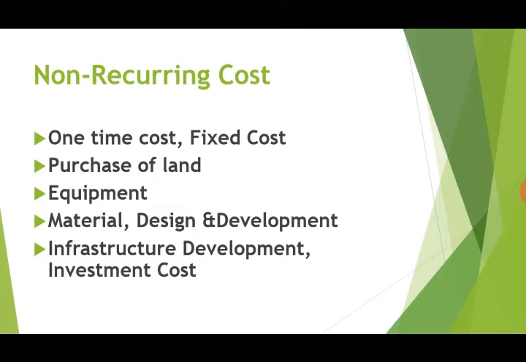The design and development of the organizational infrastructure, organizational buildings, organizational line of business is also a one-time cost you have to pay. This is not a routine cost you pay every month, quarterly or yearly. So this is the non-recurring design and development cost.